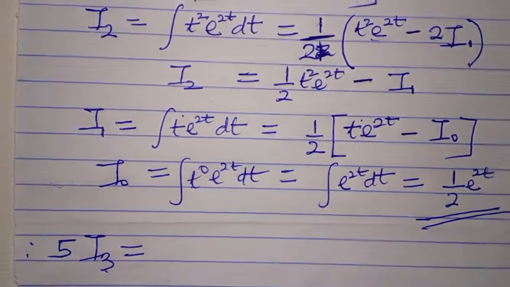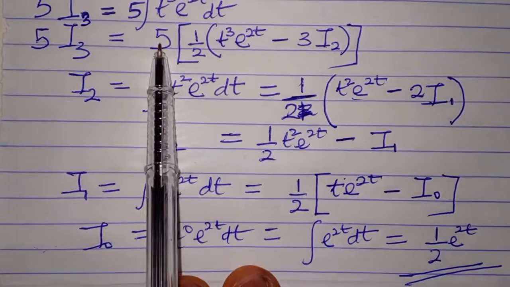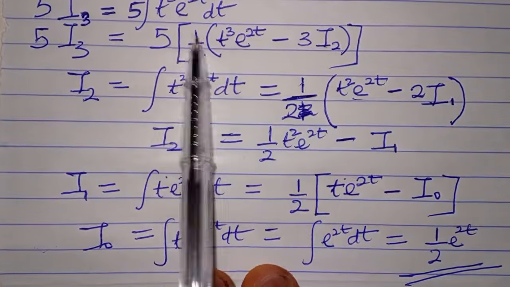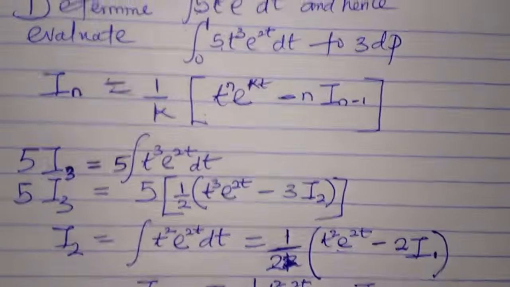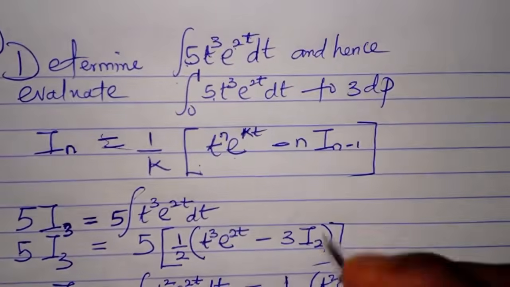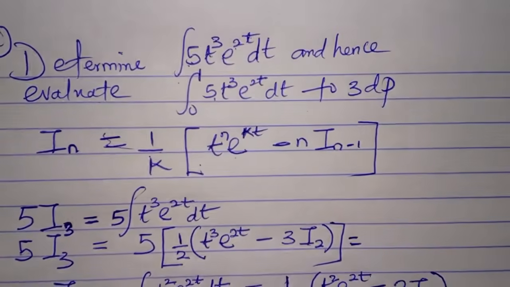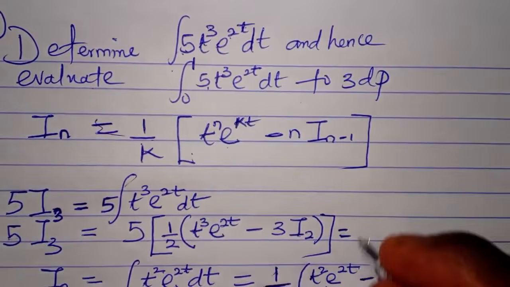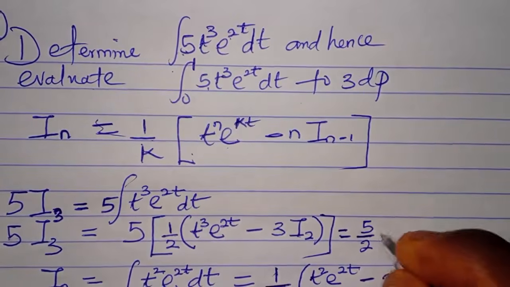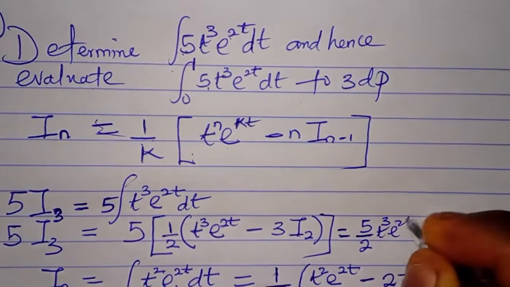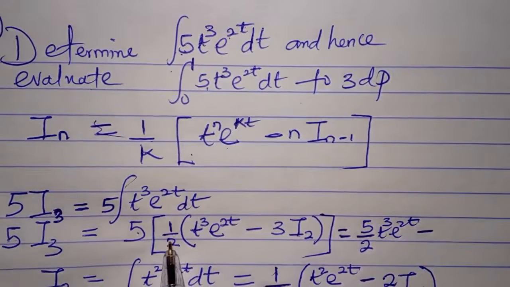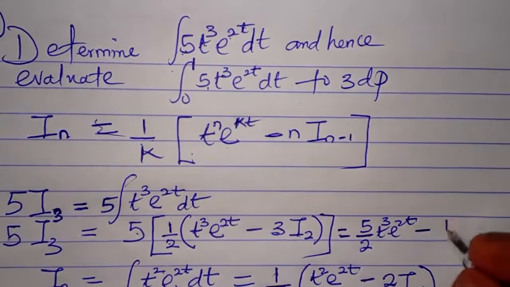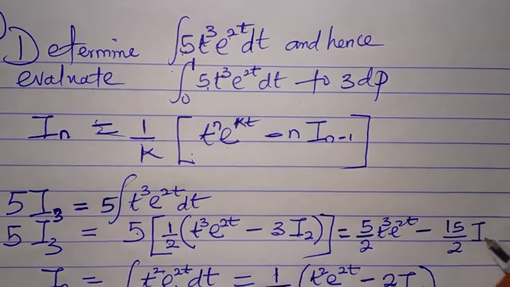We have 5, okay, let me multiply now. 5 times 1 over 2 is 5 over 2. So this will give me 5 over 2 t cubed e^(2t) minus 5 times 1 over 2 is 5 over 2 times this one. That will be 15 over 2 I2.